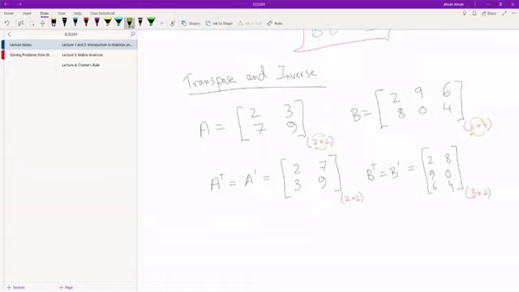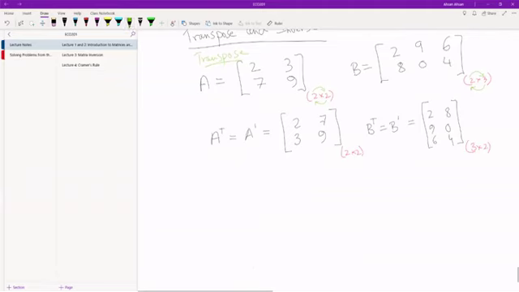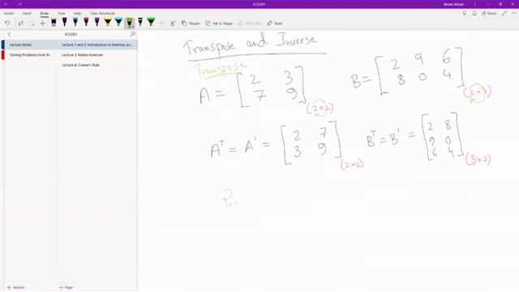So transposes have a few properties. The first property of a transpose is that if we have a matrix, we take its transpose, and then we take its transpose again, we get the matrix back.